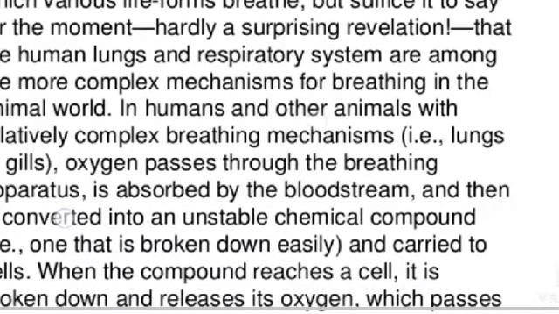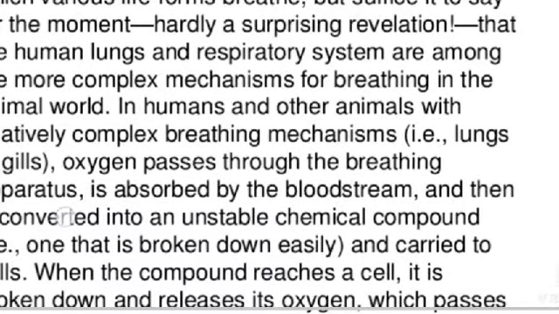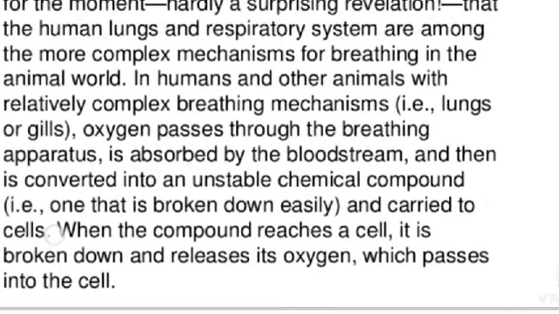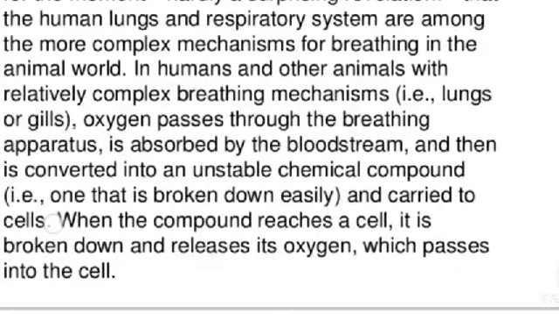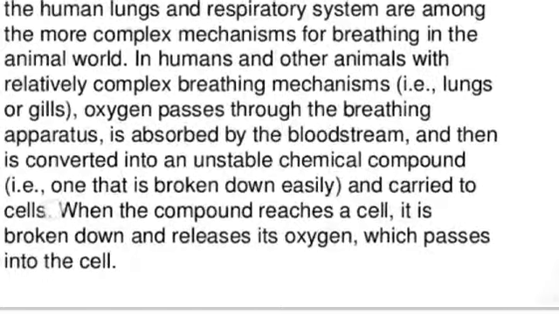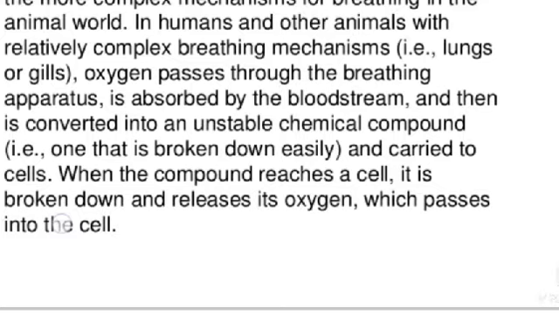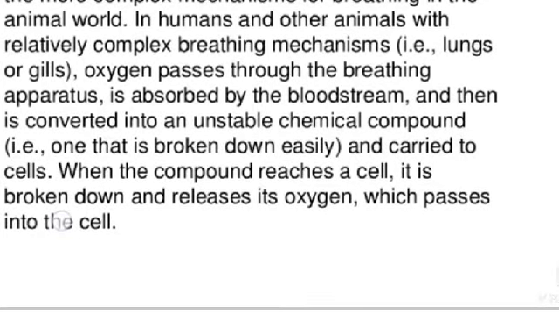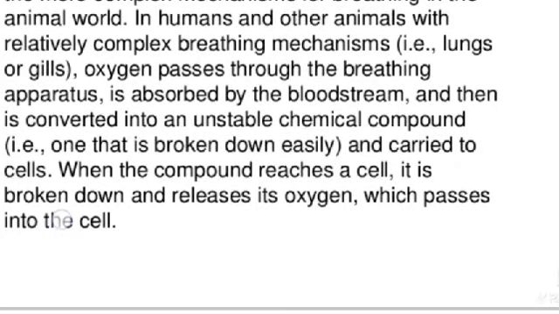In humans and other animals with relatively complex breathing mechanisms, that is lungs or gills, oxygen passes through the breathing apparatus, is absorbed by the bloodstream, and then is converted into an unstable chemical compound, that is, one that is broken down easily and carried to cells.